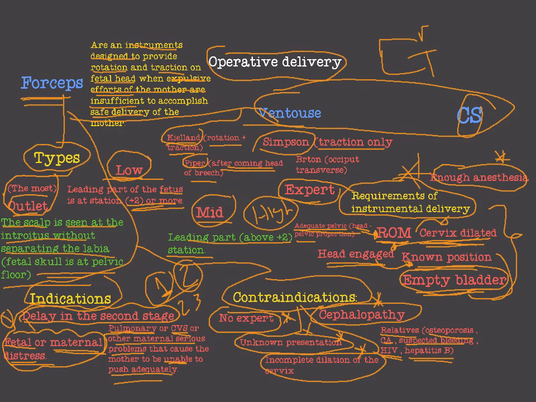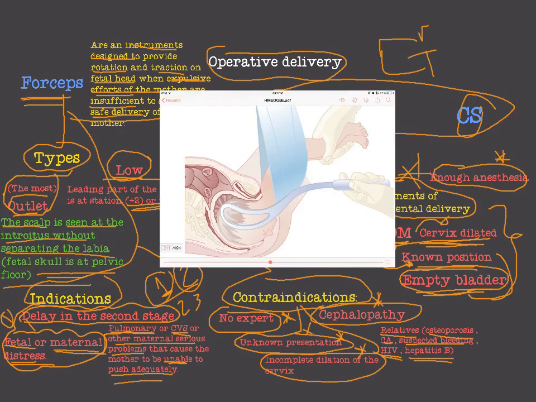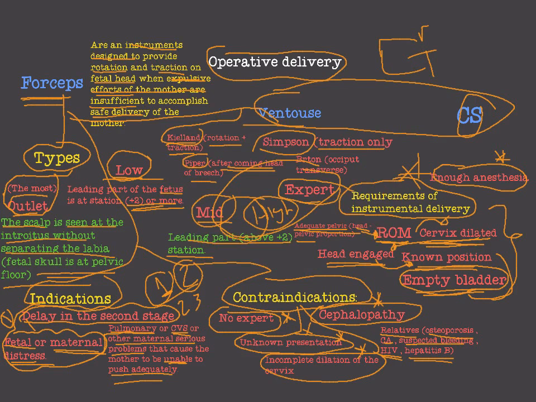For example, we use the Piper, and this is a graph of Piper. This is a Piper forceps, and this is head after breech presentation. So this is a Piper forceps, and we also have a Barton forceps for occiput transverse presentation. Occiput transverse.